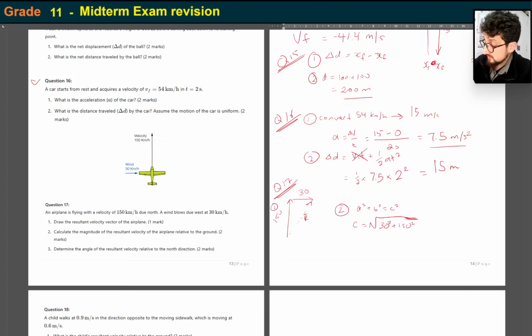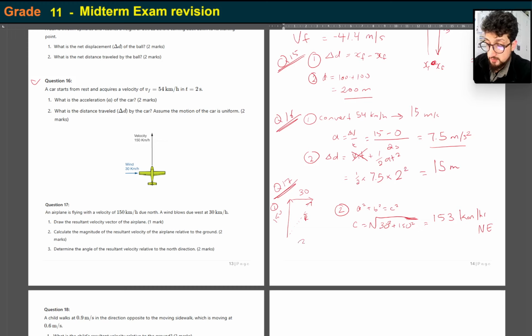So it's going to be the square root of 23,400, which equals 153 kilometers per hour. Remember, we're working with kilometers. We haven't converted to meters, but we don't have to because the question didn't say we should. Oh, is that the full answer? No, we should say one more thing, northeast, because it needs direction.